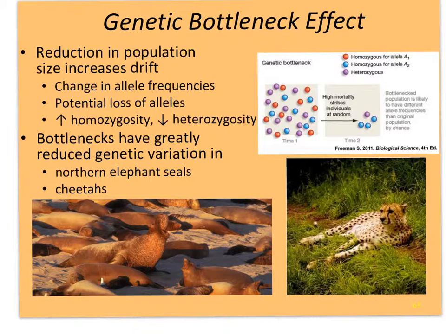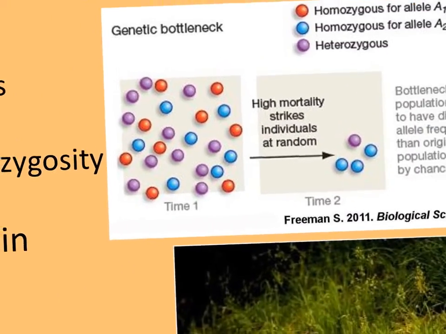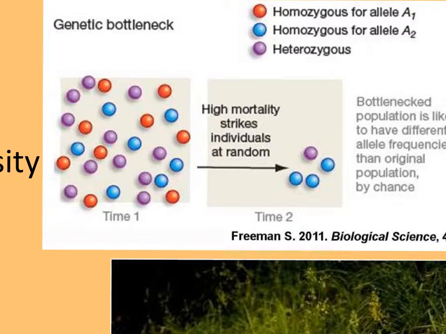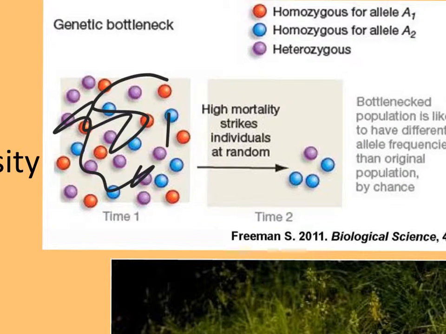Now, in this case, we have this population. We have high mortality, and so all of these go away except for this group right here. And the genotypes, by the way, we haven't got to that, but we will. This is homozygous for allele A1.